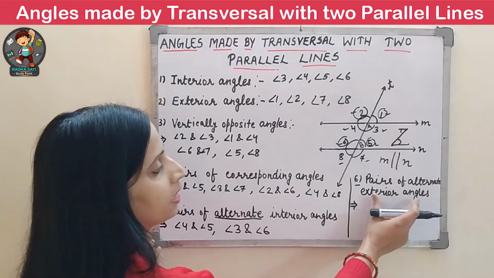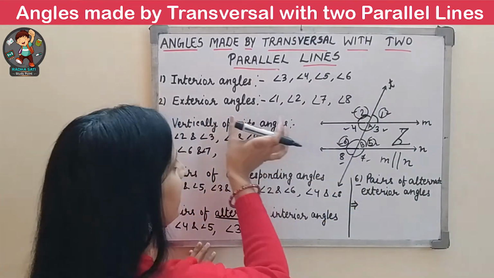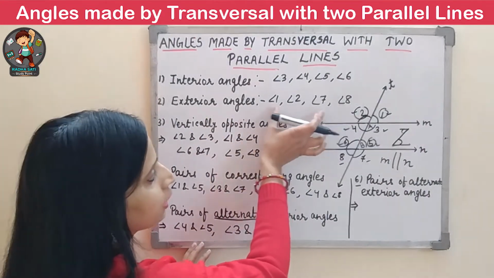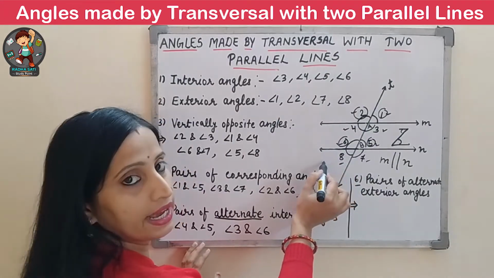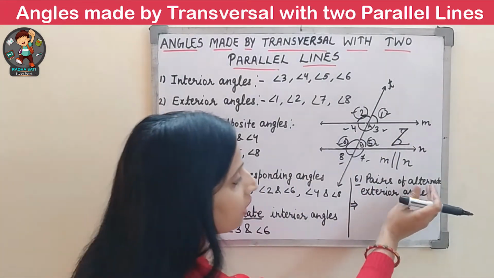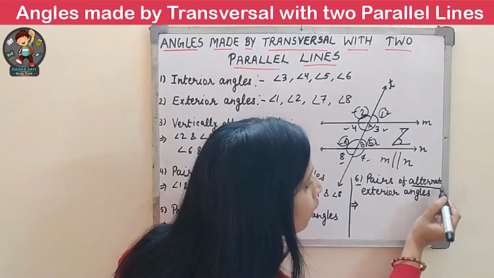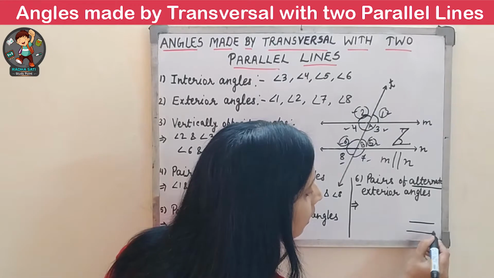Now the next type is pairs of alternate exterior angles. Again, as we know about exterior angles, these four angles, angle 1, angle 2, angle 7 and angle 8, are exterior angles. Alternate means again angles formed on the opposite sides.